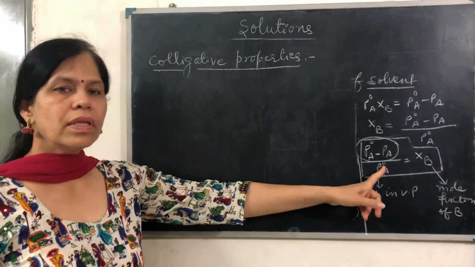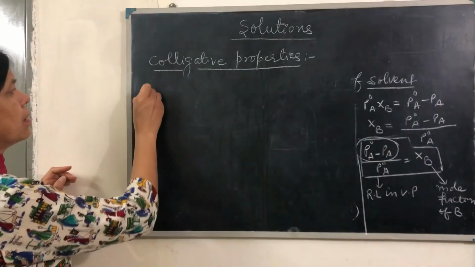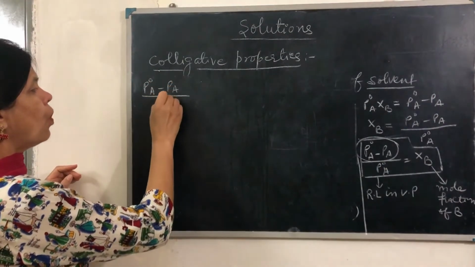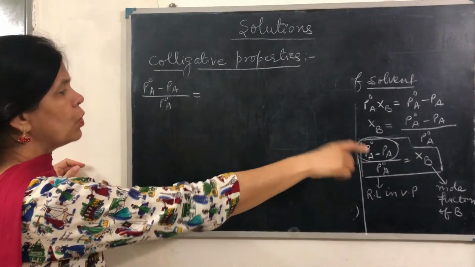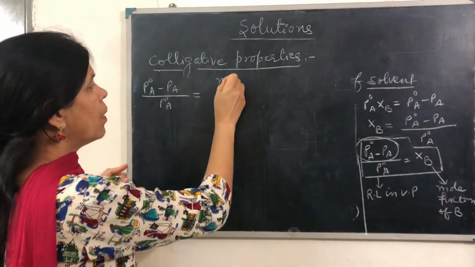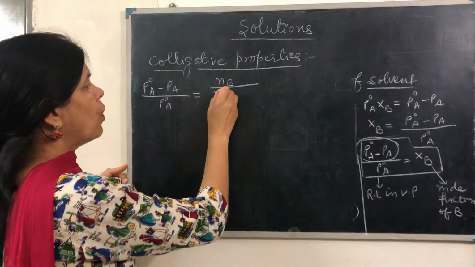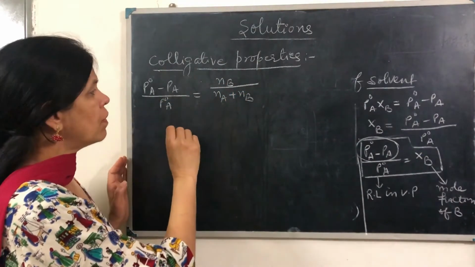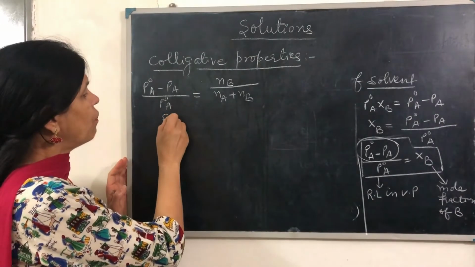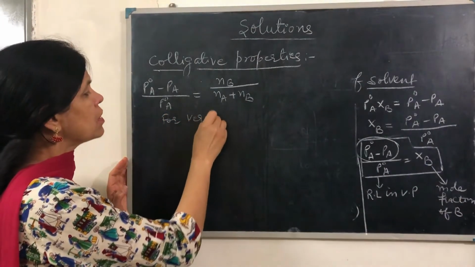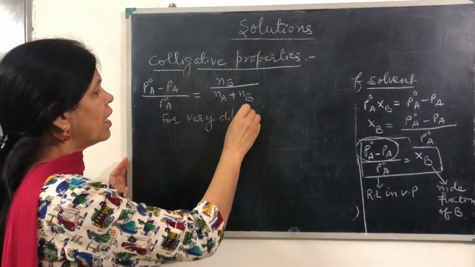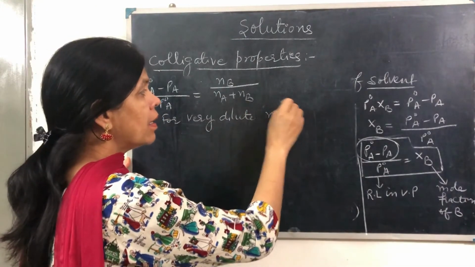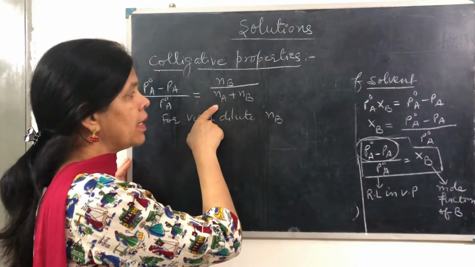I can write this expression as P naught A minus PA upon P naught A is equal to XB, which can be written as number of moles of B upon Na plus Nb, the total number of moles of solution. For very dilute solutions, we can always neglect Nb in relation to Na.